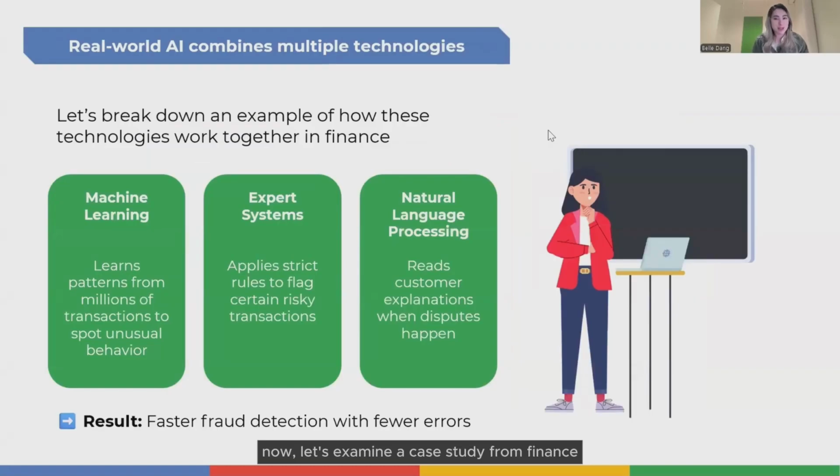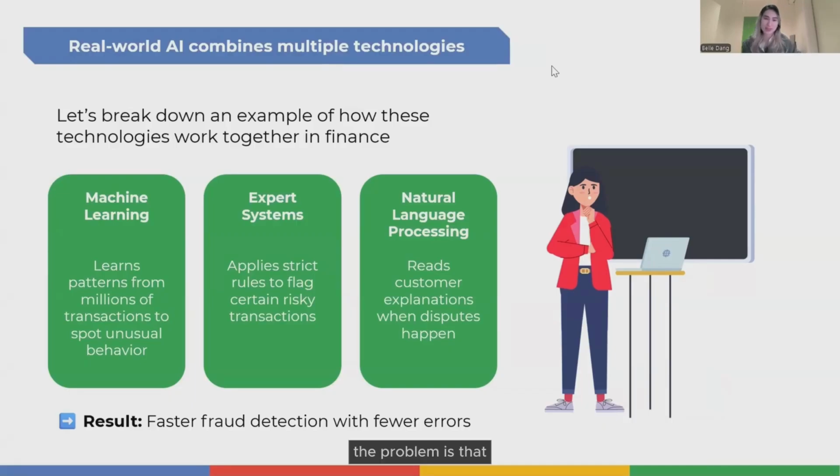Now, let's examine a case study from finance that really showed the power of combining different types of AI technologies. What would happen if you have a system that uses machine learning to learn from millions of transactions to spot unusual behaviors, plus an expert system that applies strict rules for flagging risky transactions, and natural language processing to understand the customer's explanation when a dispute happens? What will you get out of this?